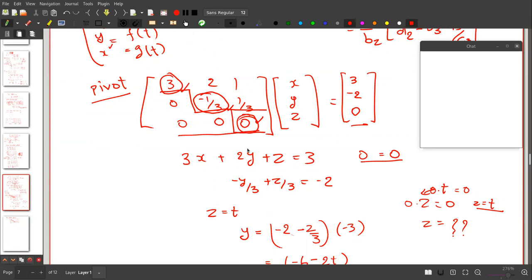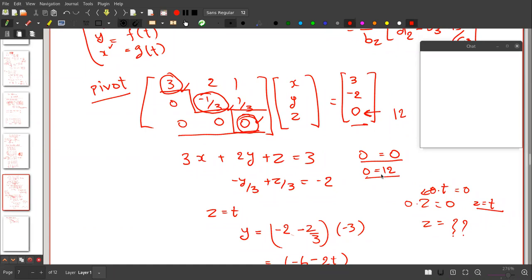It's actually important. Say in this place of 0 I had 1, or some number, say 1 or 2 or 12, then this would have become 0 equals 12.